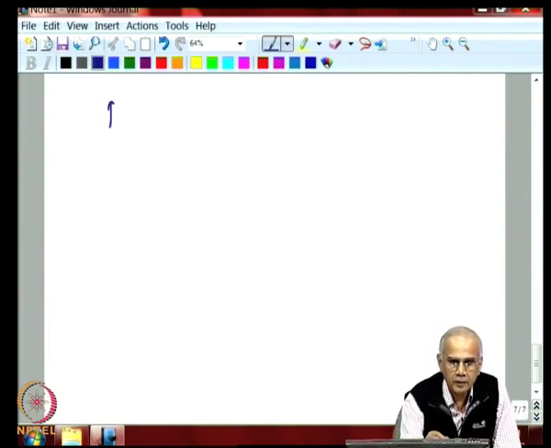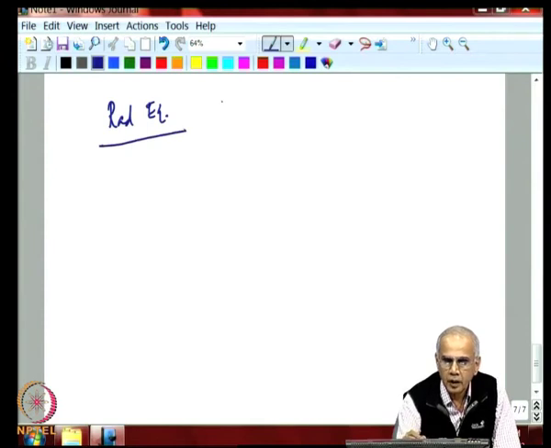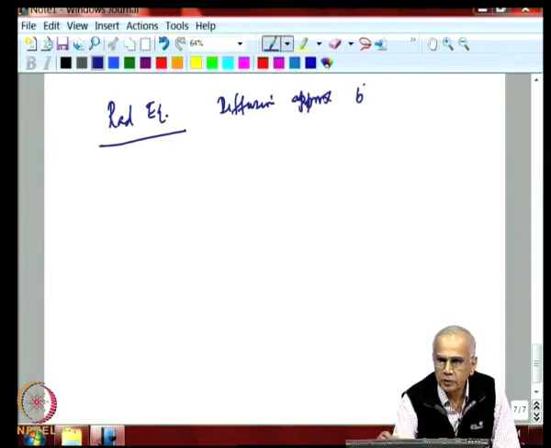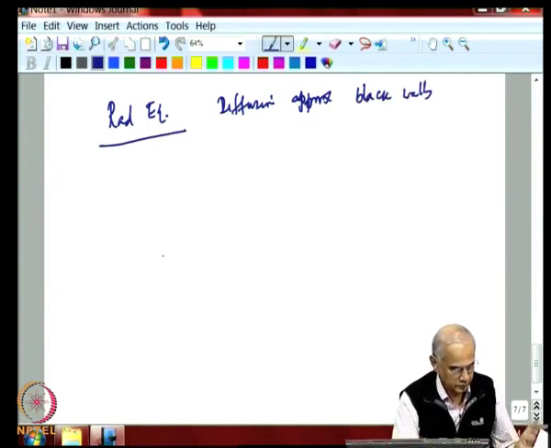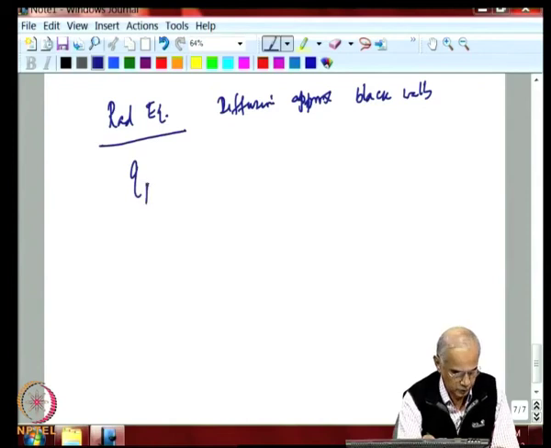So, if you had radiative equilibrium and diffusion approximation and black walls, which is what we covered in the early lectures, the result we got was QR.